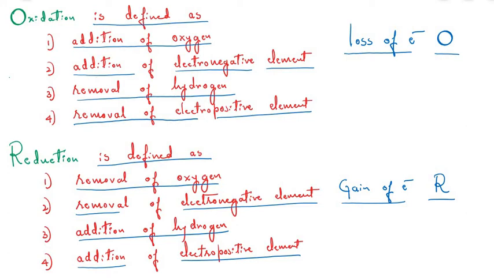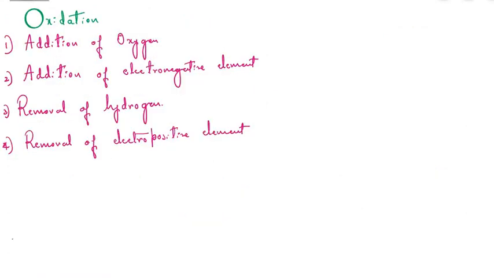Now we are going to learn the examples for each type, that is for the first one, second one, third and fourth. Similarly for reduction, the first, second, third and fourth one. So with respect to the first one, that is addition of oxygen, let us have an example here. I'll take magnesium, Mg, right?